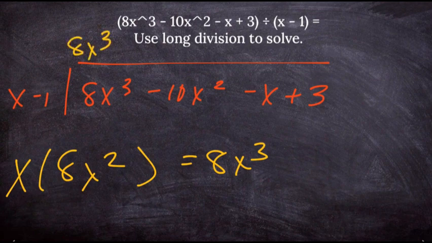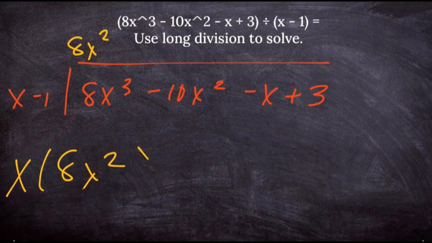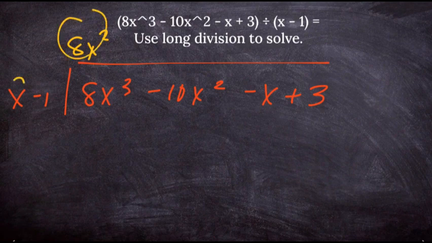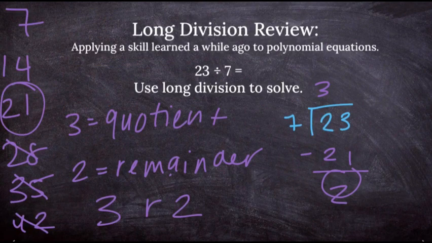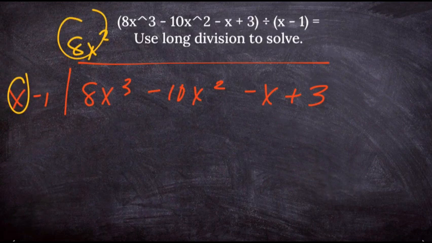My apologies. 8x squared, that will be our first number, our first component of our quotient. So we would take this and we would multiply it by this, like what we did with the 3 and the 7 here, over here. And we would multiply that to get us 8x to the third.